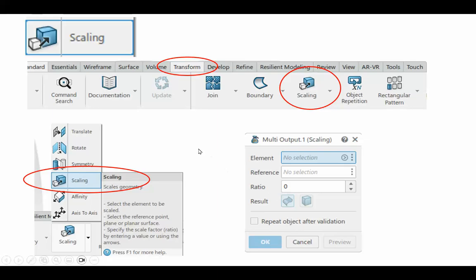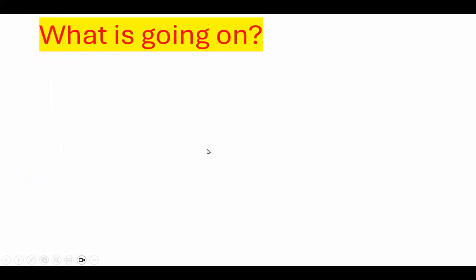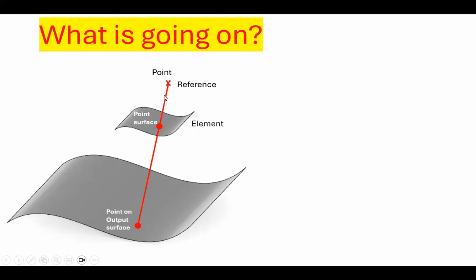Now, let me tell you what's happening, first of all, in a nutshell, and then we're going to do an example. If you have a surface element like that, and you have a point out there, you have to select the element, which happens to be the surface, and the reference, which happens to be this point.